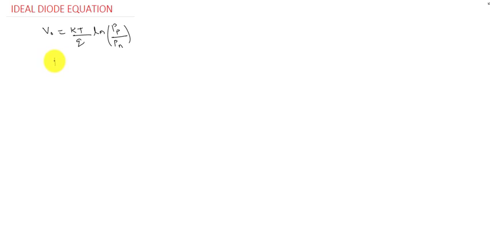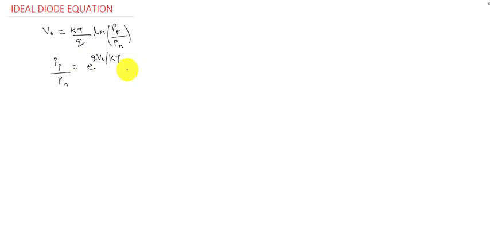PP by PN is equal to e raised to QV0 by KT. Here QV0 by KT is equal to ln PP by PN, and that natural logarithm on moving to the left side will become e raised to. So e raised to QV0 by KT is equal to PP by PN.